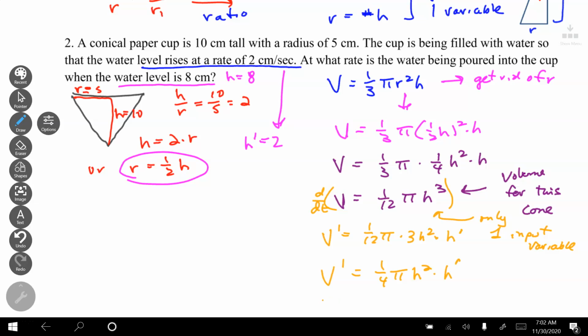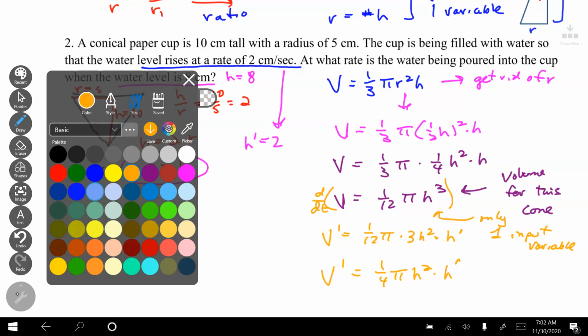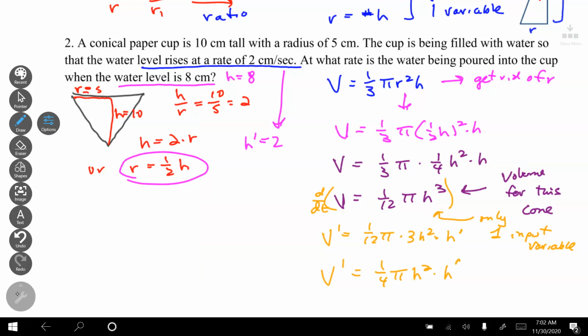So this is the equation for the rate of change for the volume, and I can plug in what I know. What do I know? Well, v prime is equal to 1/4 pi. My h was given, which was 8 squared, times my h prime was given, which was 2. And I get my v prime, or my rate of change of my volume.